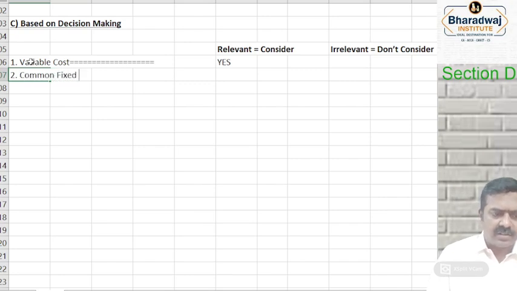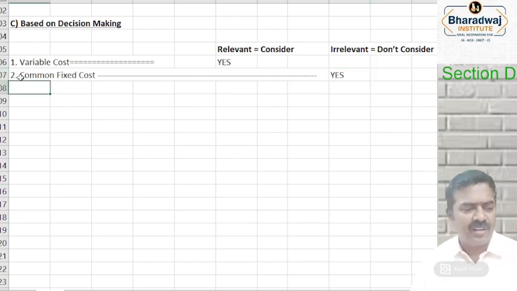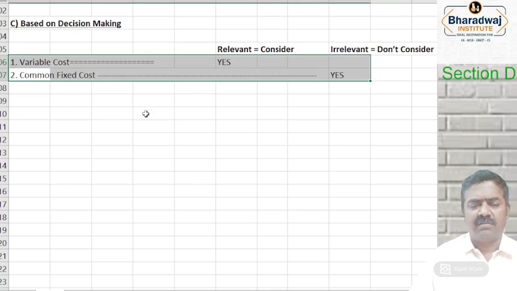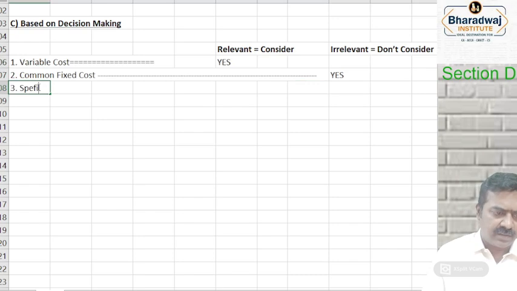Common fixed cost. Common fixed cost means the cost that will not change with output. Yes, we don't consider. Why? Whether you run the production or not, whether you shut down or run, that fixed cost will come. It is irrelevant. Third one, specific fixed cost.